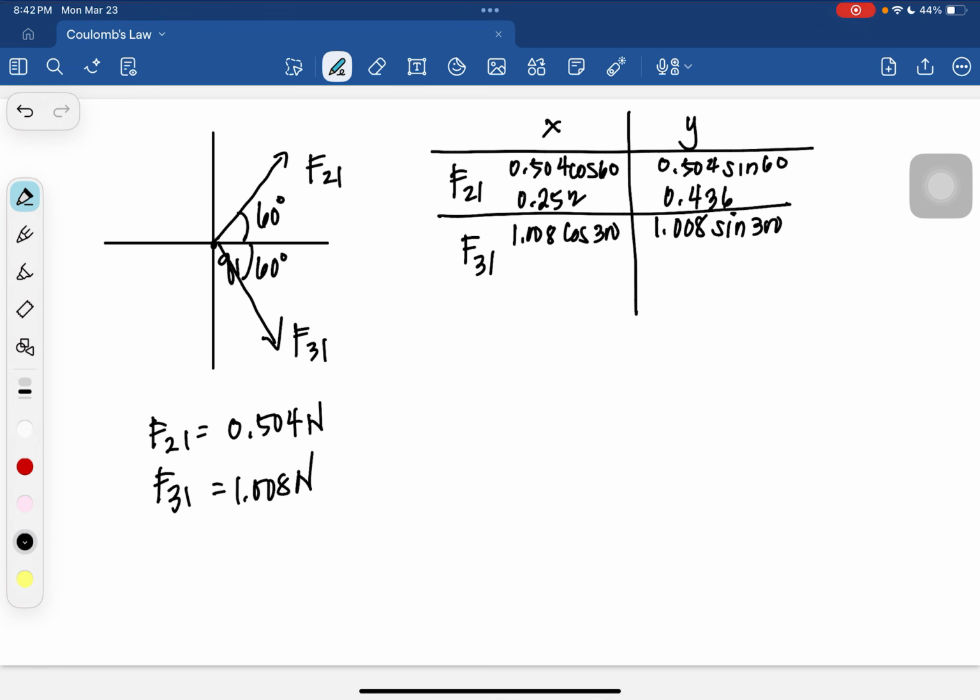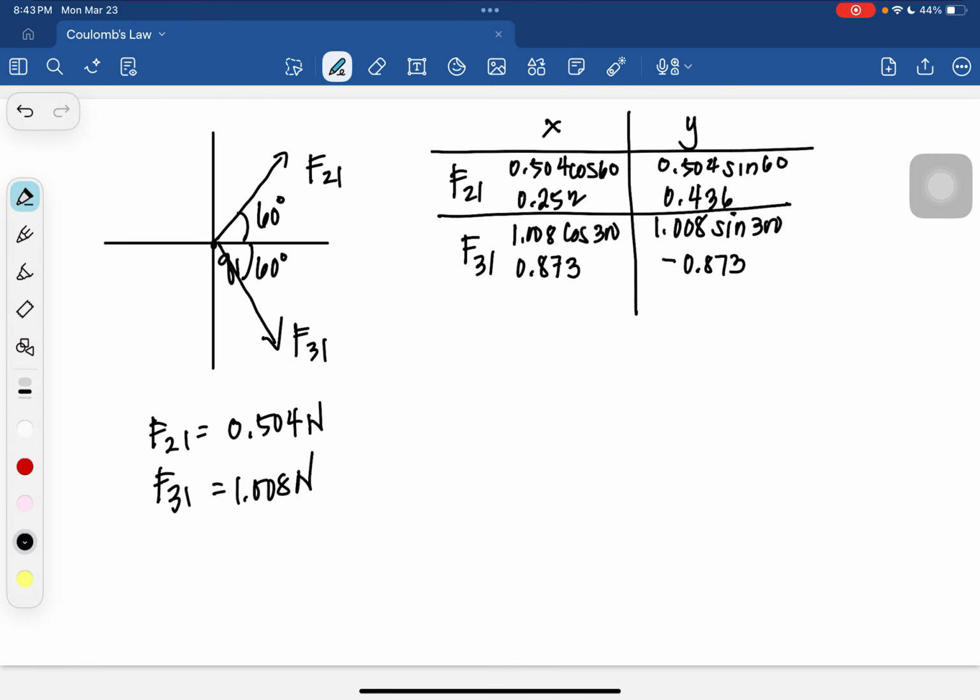And then 1.008 cosine 30 is equal to 0.873. Let me just do that again. And 1.008 sine 300 is negative 0.873.